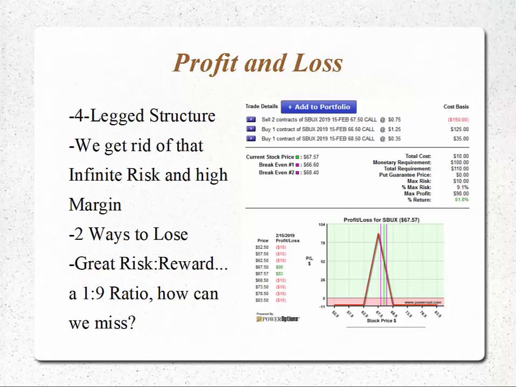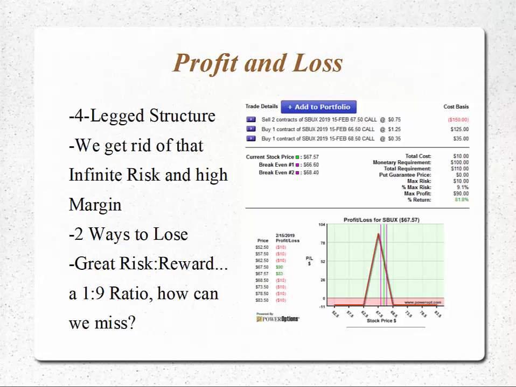Now I do have two ways to lose, simply because it cost me a debit to get into the position. And you look at it and you say, wait a minute here though. The maximum risk, if the stock is way below 66.50 or above 68.50, is only 10 cents. In order to make 90 cents, that's a 1-to-9 risk-reward ratio.